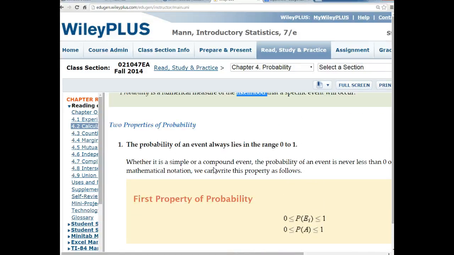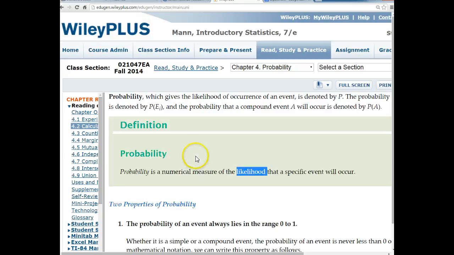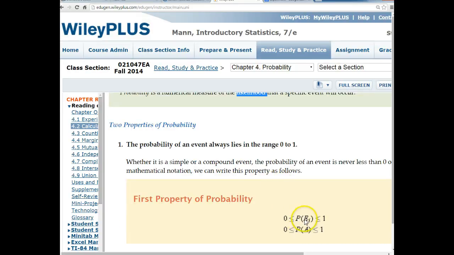Okay, now, some properties. What do we mean by P of E? What does this notation mean? That's the probability of that event. So what are they saying here? E sub i means any event, so they're trying to make a general statement.